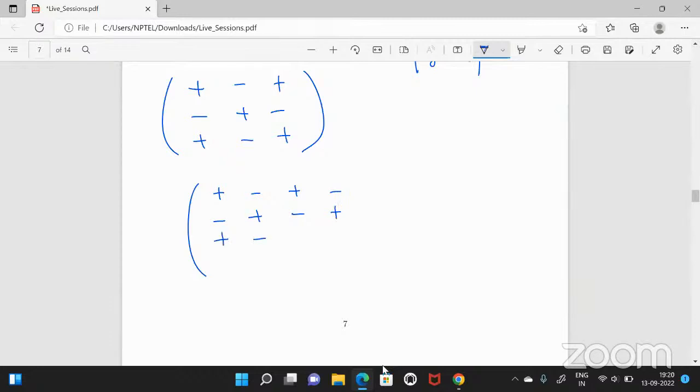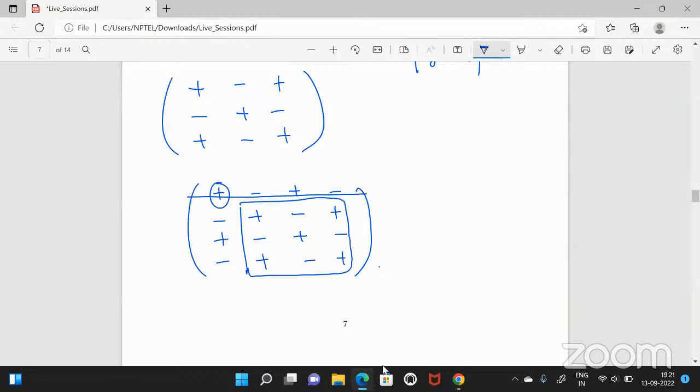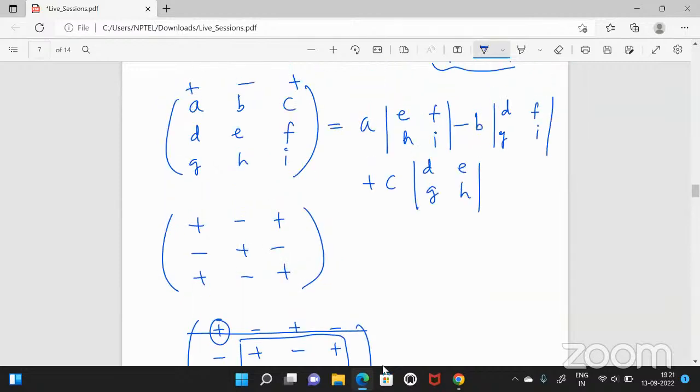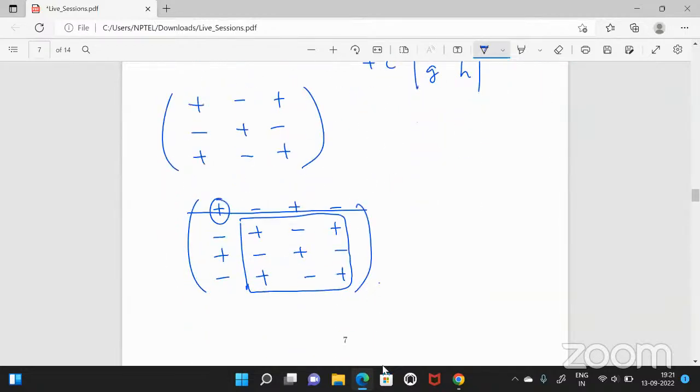We find the 3 cross 3 matrix. Yeah. You again expand along some row or column. If you want to expand along this row, once you pick this element, you will be looking at a 3 cross 3 matrix. Now we know how to find the determinant of a 3 cross 3 matrix. Split it again into 2 cross 2, and like this you will find out.